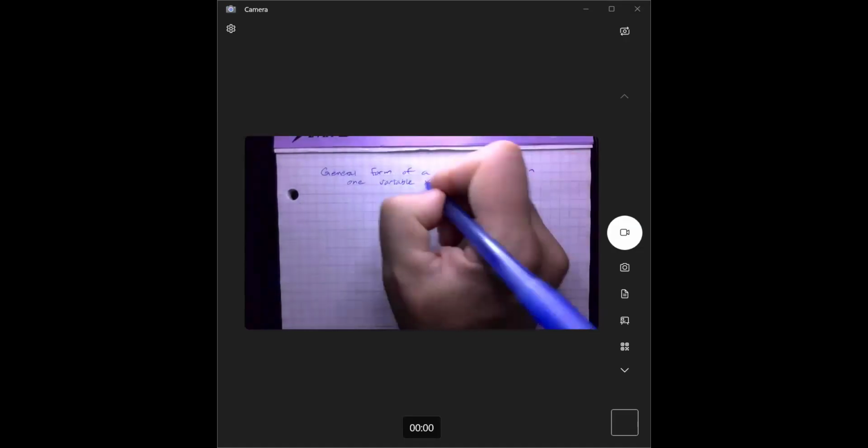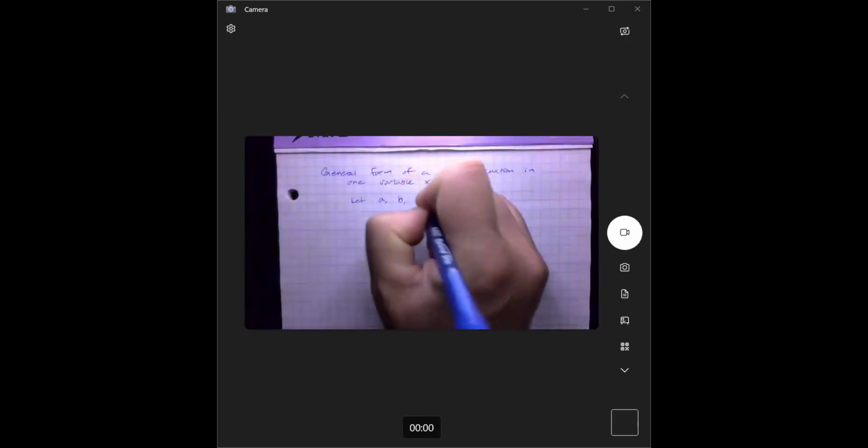The general form, and the one that's given in your worksheet, the general form of a linear equation is one variable, and that variable is going to be x.